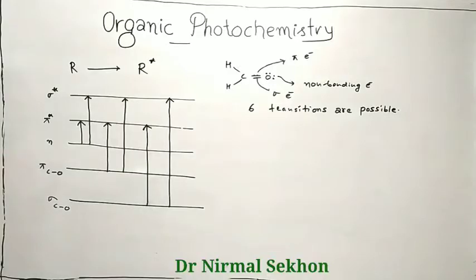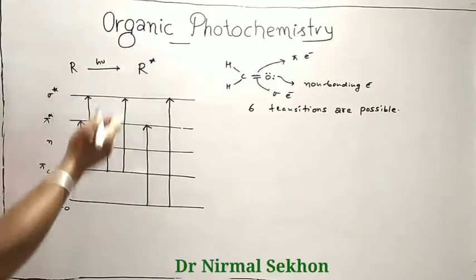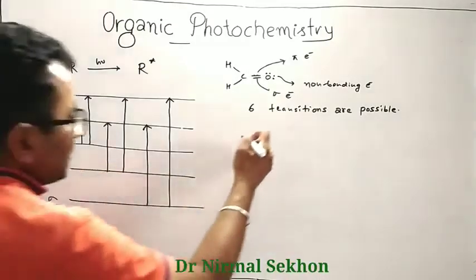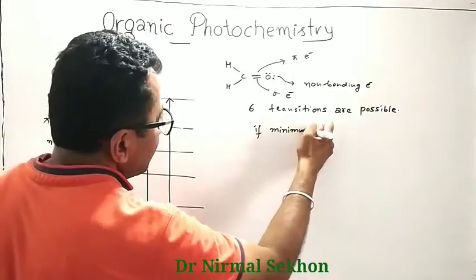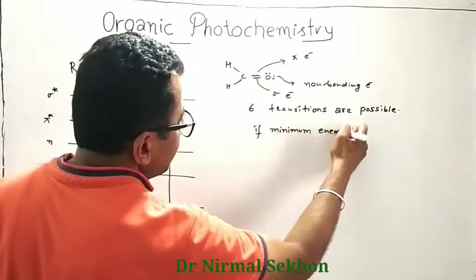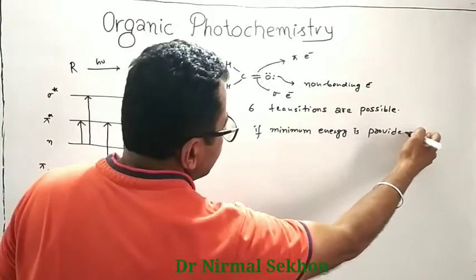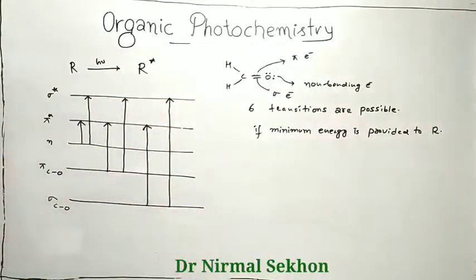Now, if we give minimum energy to this reactant, using h nu, we are giving a minimum energy using a wavelength such that it provides a minimum energy. So if minimum energy is provided to R, then which transition is possible?